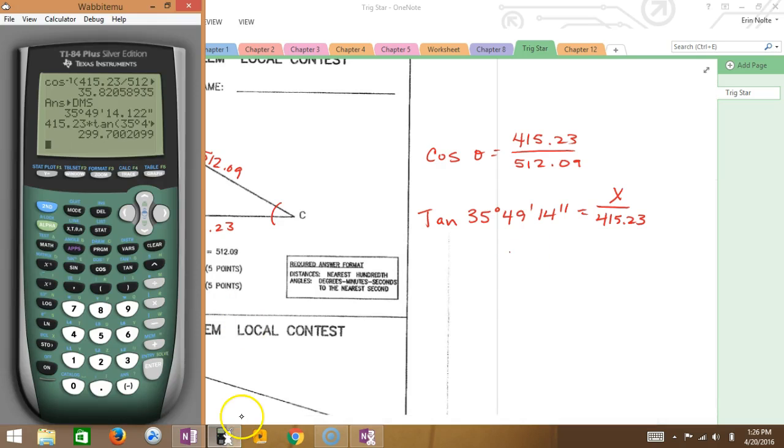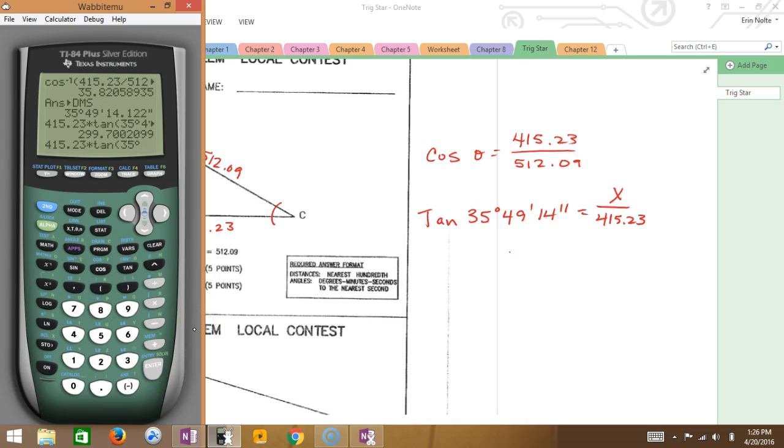Now, if I didn't have that answer in there, I want to show you how to type in degrees, minutes, and seconds. Let's type that in the same way: times the tangent of 35 degrees. To do degrees, we hit second, angle, and the very first option is degrees.